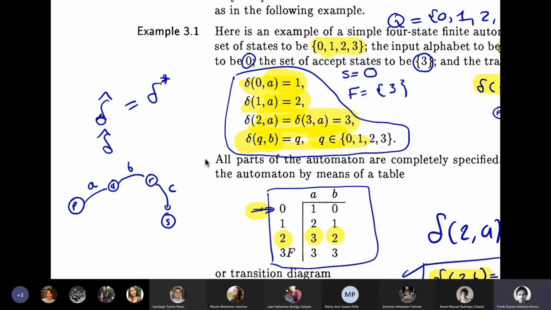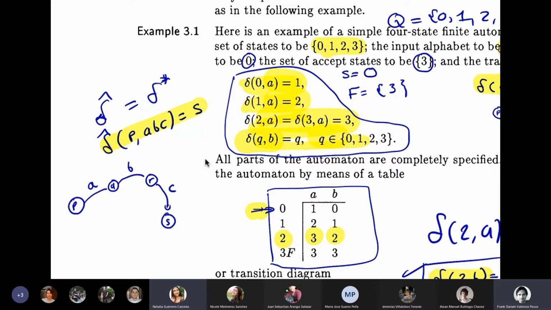So delta hat of, let's say, P with A, B, C. We all know what it is, right? This should be S. Is that clear, Natalia? Yes, clear, profe.